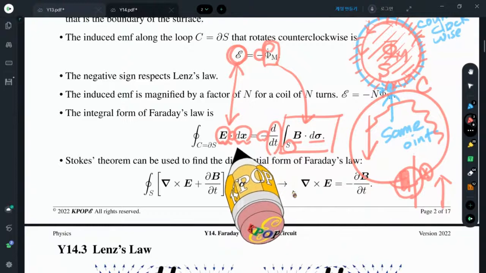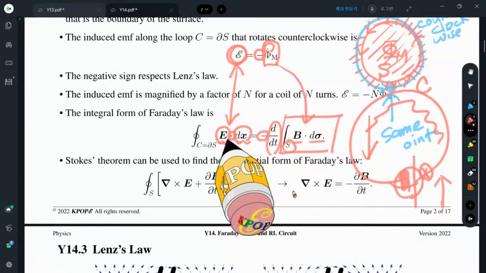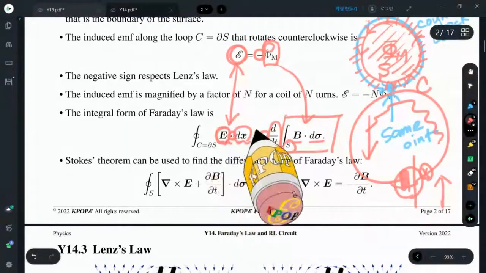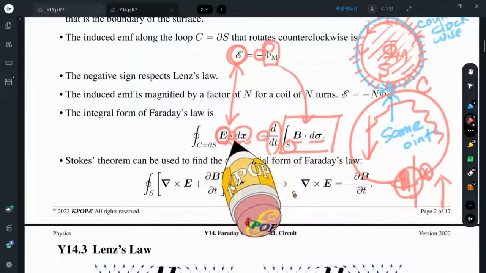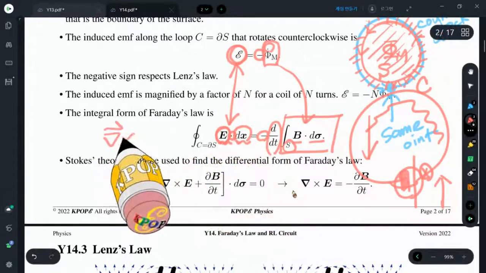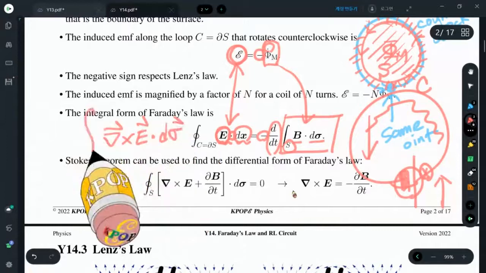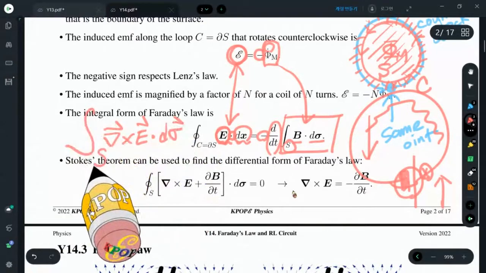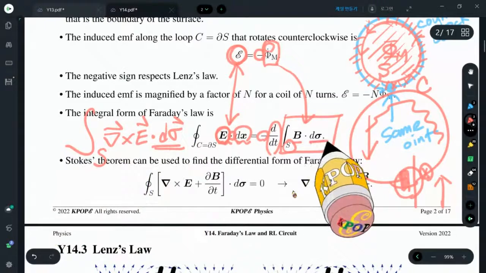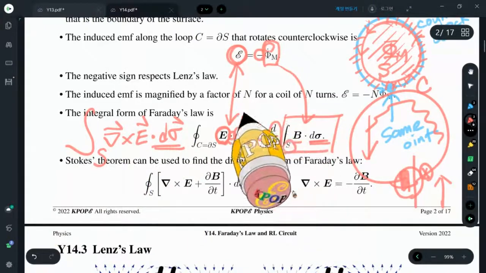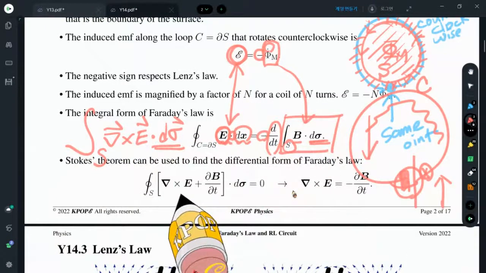Now we use the Stokes theorem, and replace this closed path line integral in terms of curl E and scalar product with the surface. Now this surface, the same, move this one to the left-hand side.